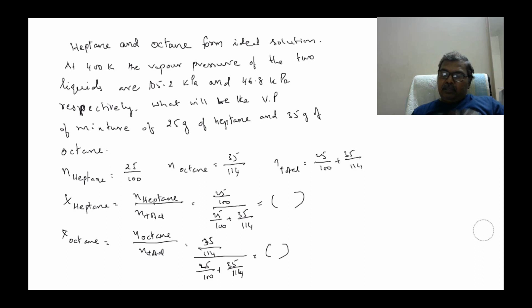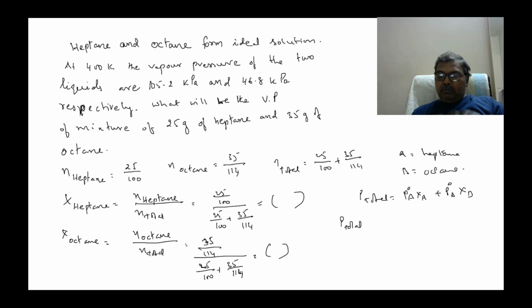Then A is heptane and B is octane. Now P total is equal to P naught A XA plus P naught B XB.